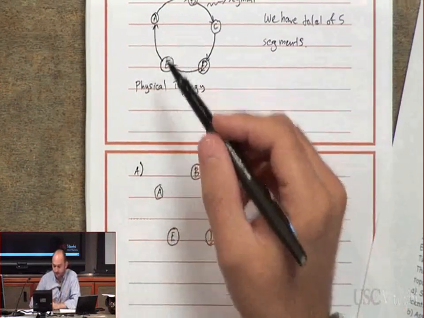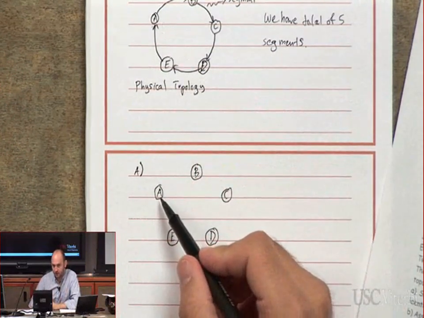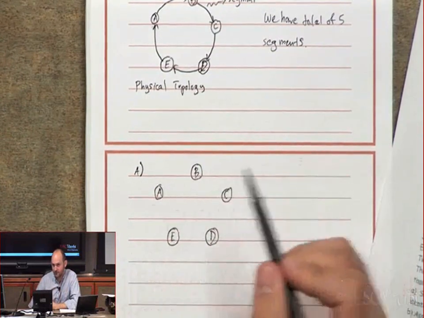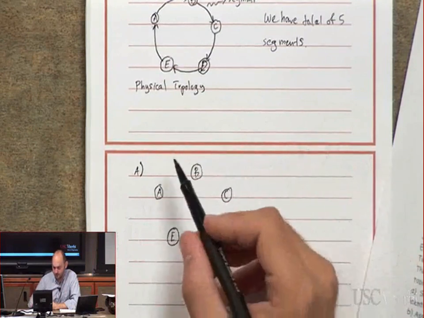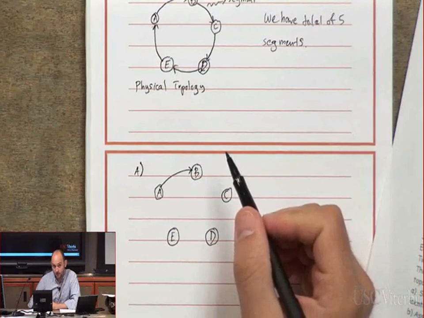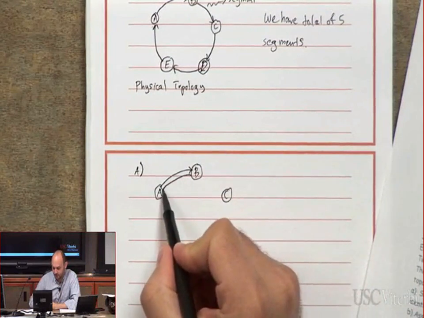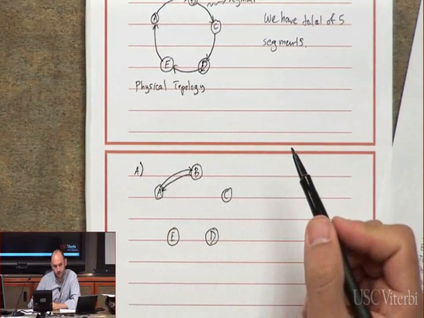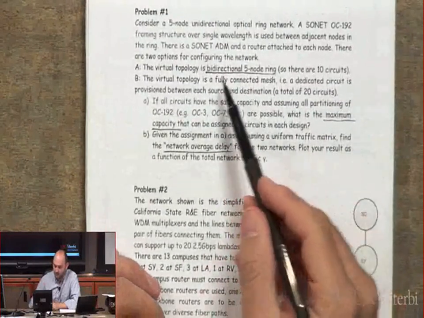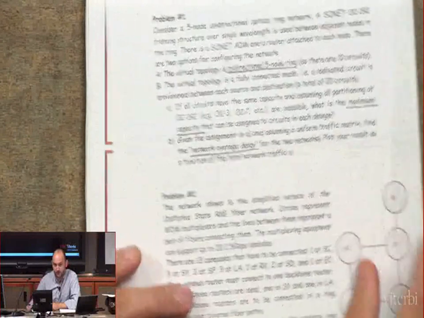So in this case, if we want to support, let's say, a connection between A and B, we will use the underlying physical topology, just one hop, that's fine, right? So we can do this. We want also to support this kind of connection. Why? Because the virtual topology, it's a requirement that it should look like this. It's a bidirectional 5-node ring.